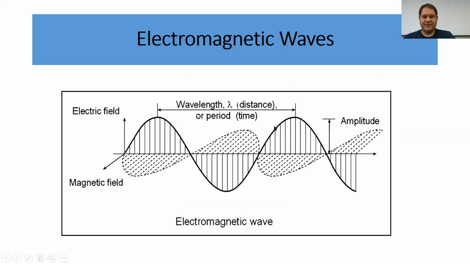Okay, so again, we look at our diagram of our electromagnetic wave. Two waves, the electrical wave and the magnetic wave, and both of them are perpendicular, traveling in the same direction, same wavelength, same frequency, same amplitude, okay?